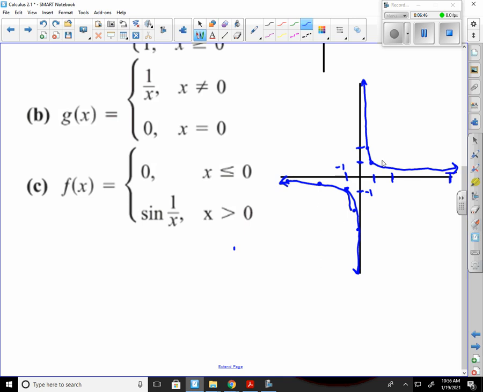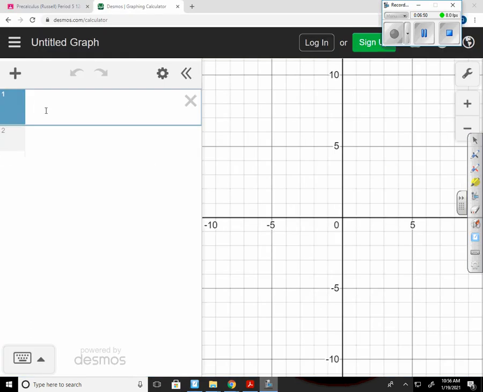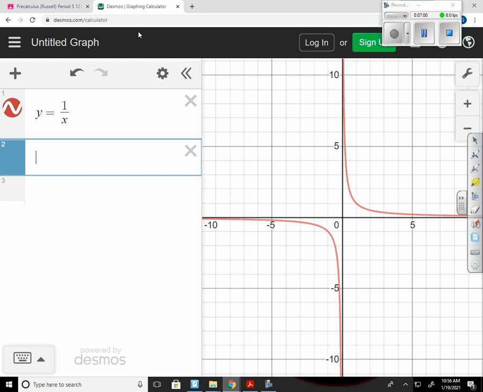I can graph these actually on Desmos as well. So I can graph these on Desmos and I can say y equals 1 over x. And you'll see our 2 lines appear from our other graph. And then y equals 0 when x equals 0.